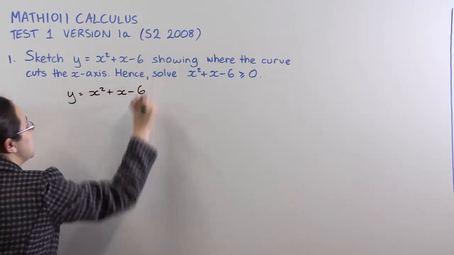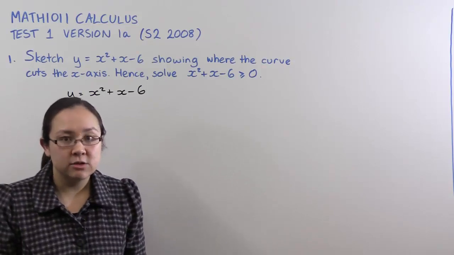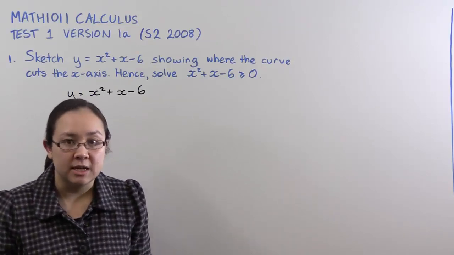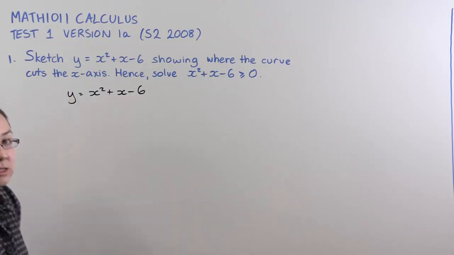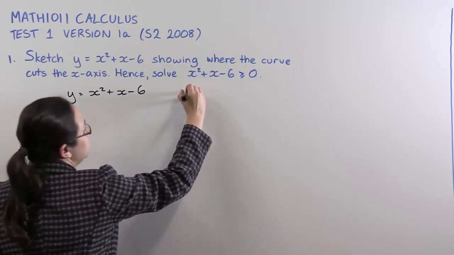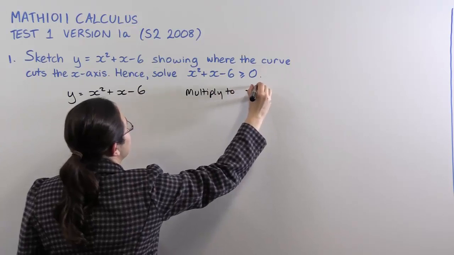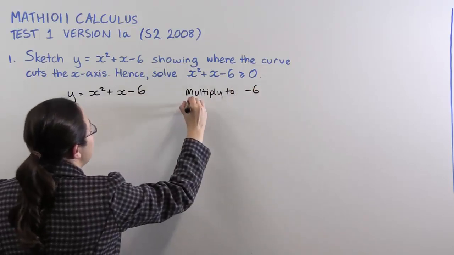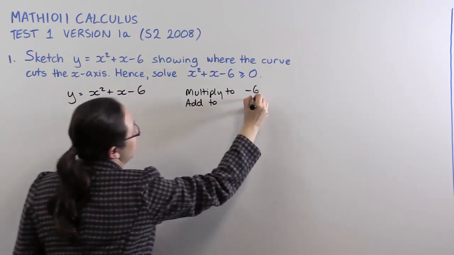There's lots of ways to sketch parabolas. If you can factorize it though, it's very useful and it's very easy to find x-intercepts once it's factorized. So if I was going to factorize this quadratic, I would be finding two numbers that multiply to give minus 6 and add to the coefficient of x, which is 1.